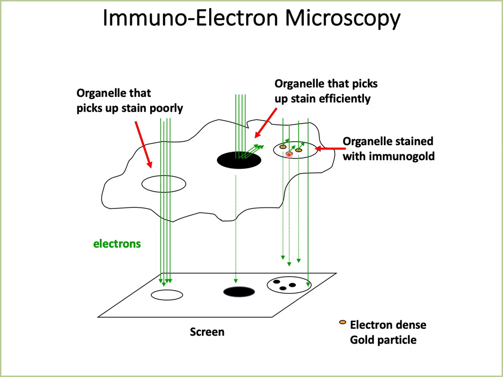These gold particles are electron dense, so they will deflect the electrons the same way as organelles coated with an electron dense material like a stain. Only a few electrons will reach there. As these deflect the electrons, they will not reach and will appear as dark spots. This is the principle of immunoelectron microscopy.